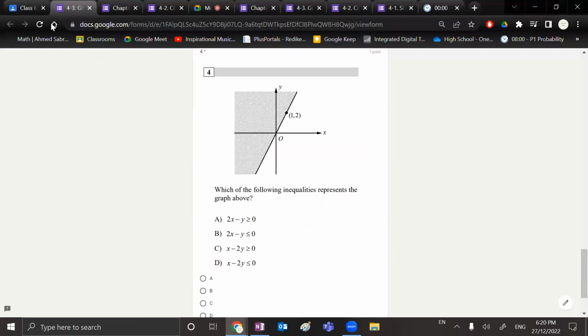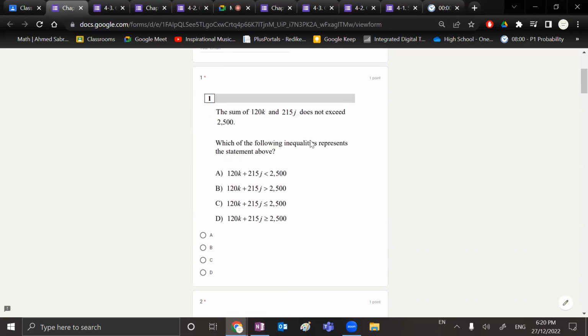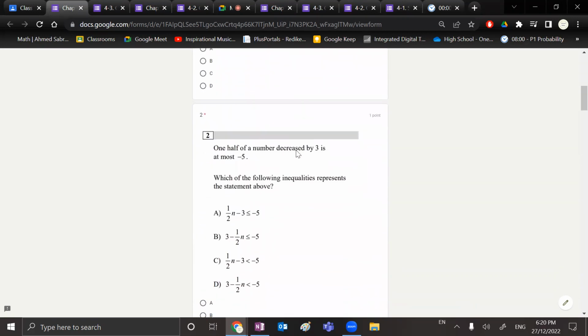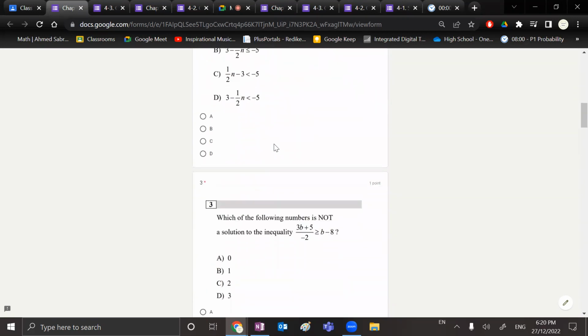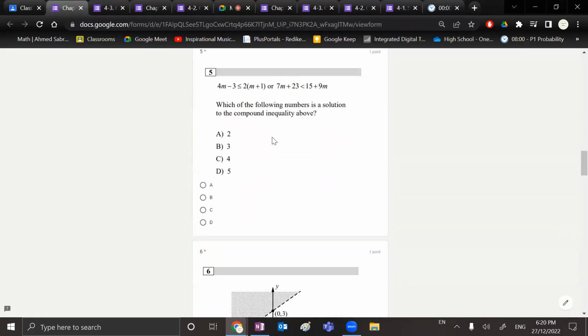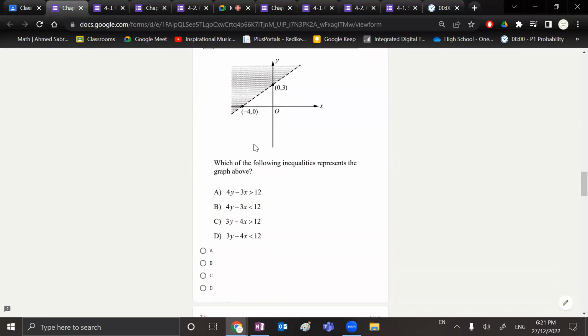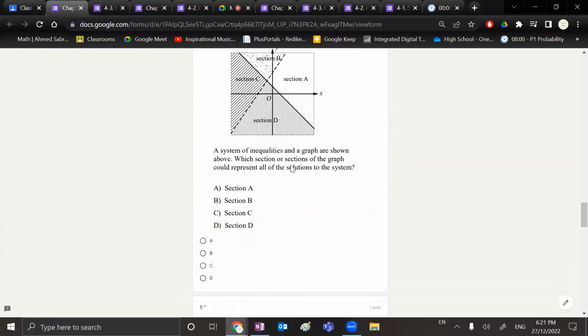Now, to point out one thing, the chapter test has questions there that involve شوية word problems. حاضر, I will يا حبيبتي حالا. This chapter test involves some word problems translated into inequalities. This is very and just normal questions like the ones we solved and the system of inequalities.